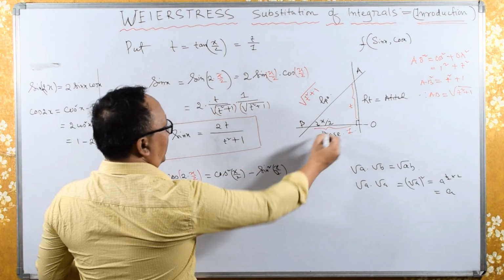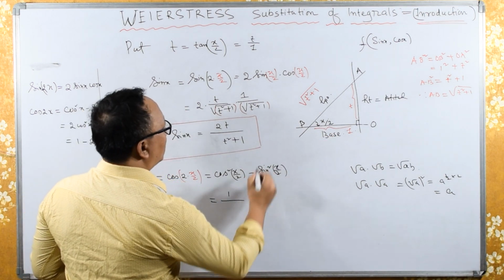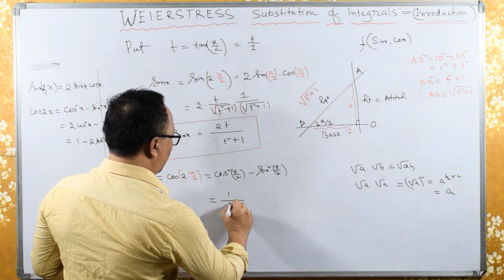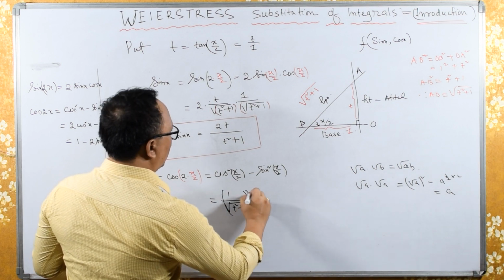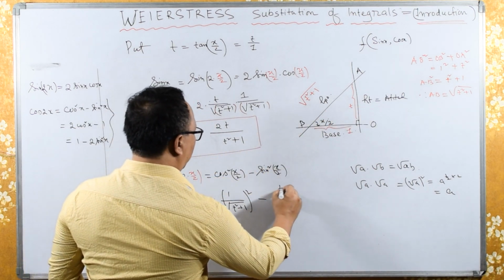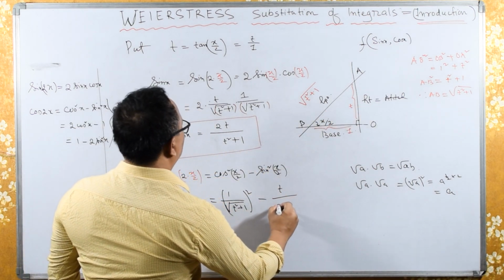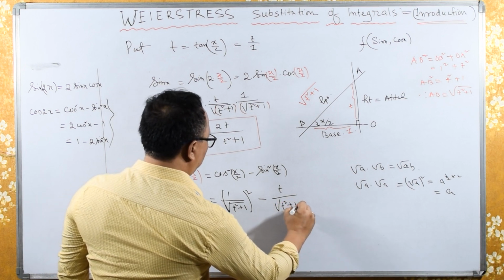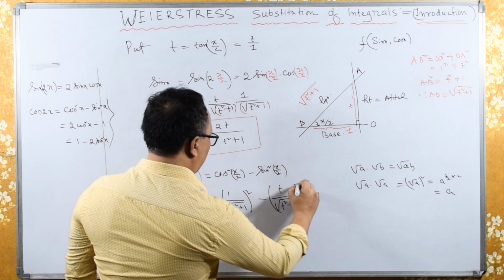Here we have 1 upon square root of t square plus 1, the whole square, minus sine square, which is this upon this, t upon square root of t square plus 1, the whole square.